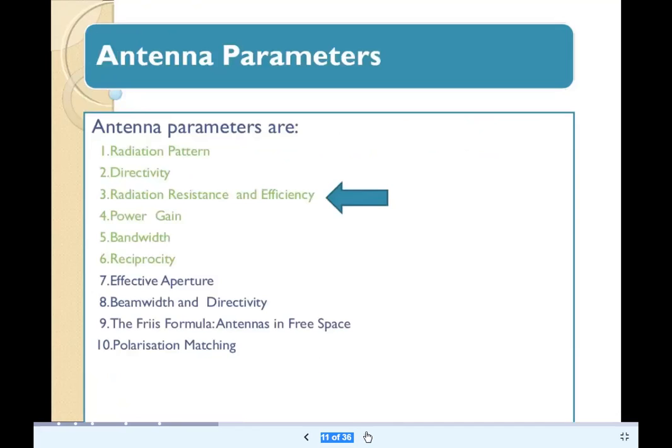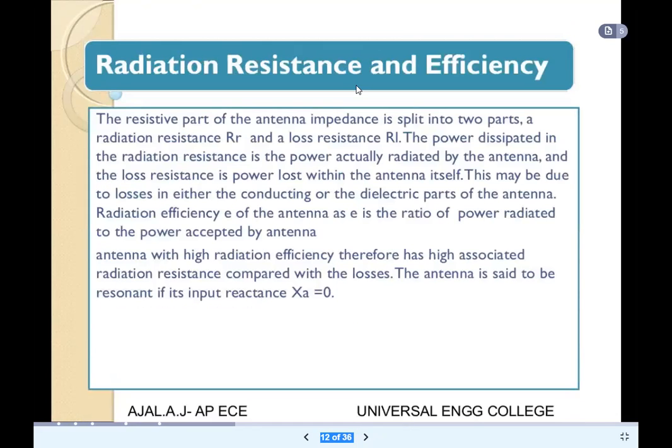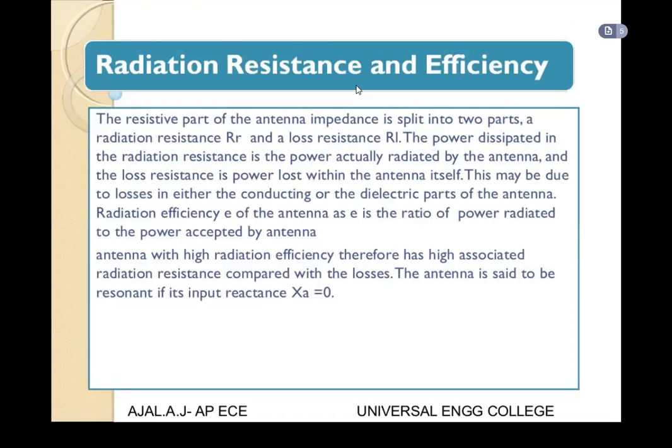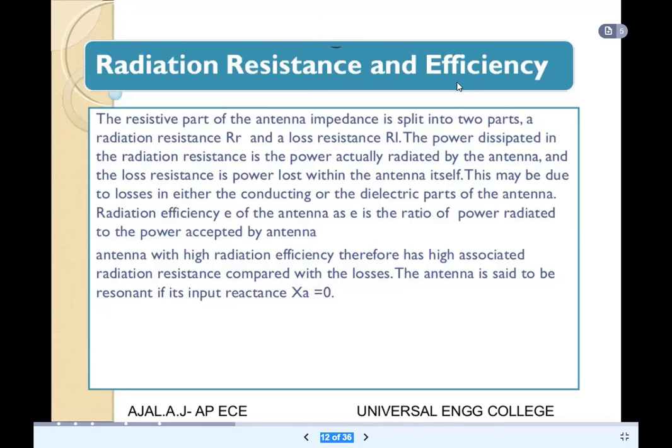Then the next important parameter, the third parameter, is radiation resistance and efficiency. The impedance of the antenna is divided into two categories: radiation resistance RR and loss resistance RL.